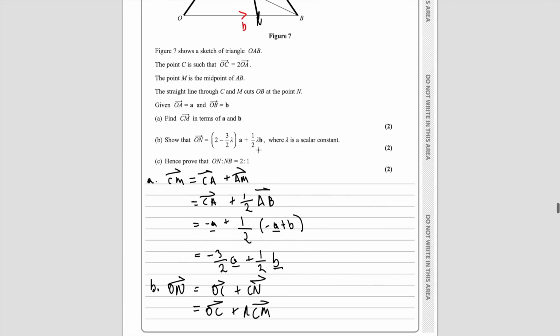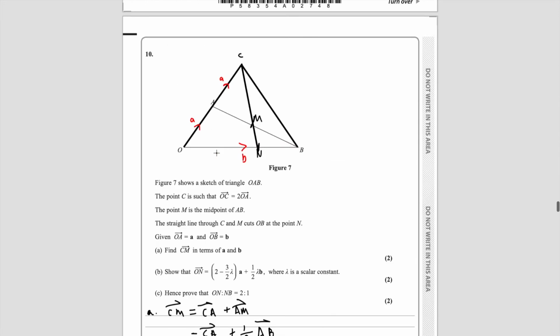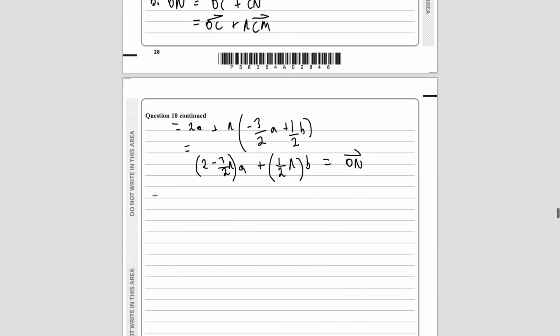We know that in this case, for OB itself, the value of the A component is 0.